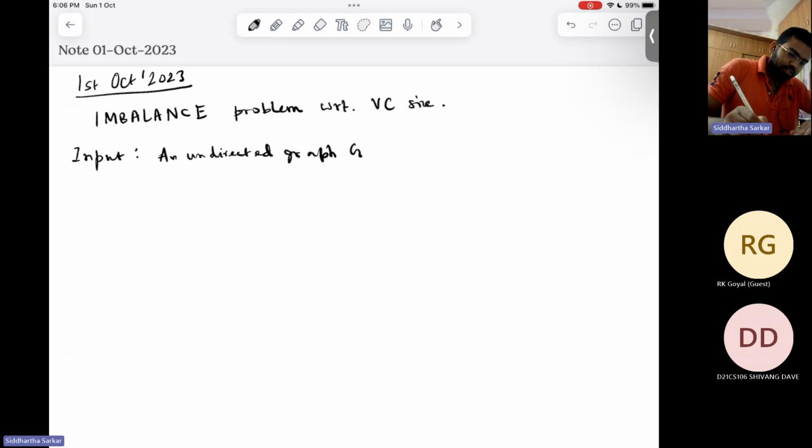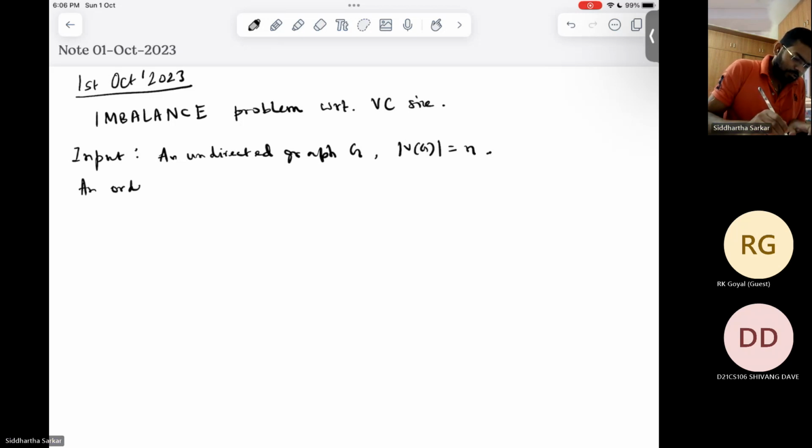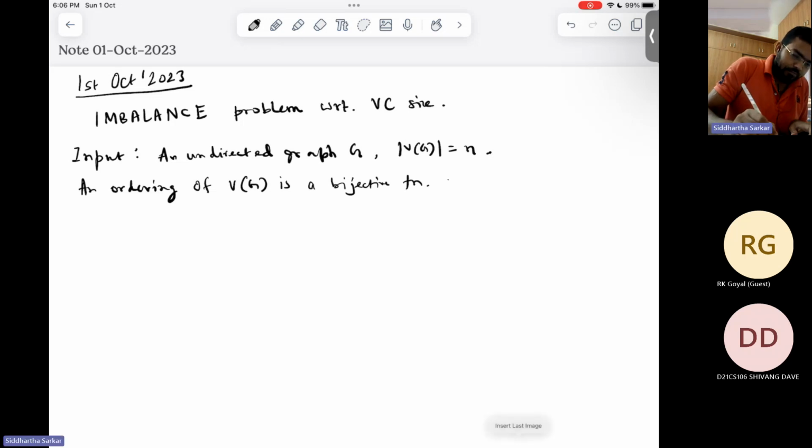It has n vertices. So we define an ordering of these vertices. An ordering of these vertices is a bijective function pi.